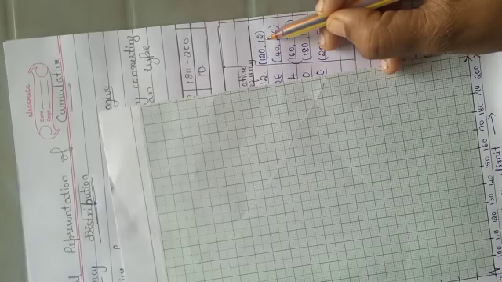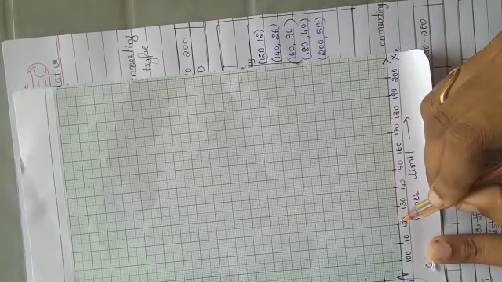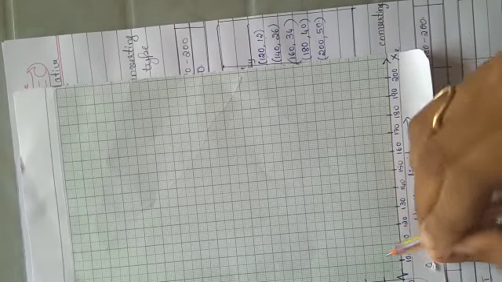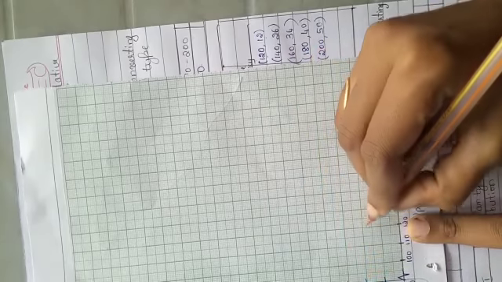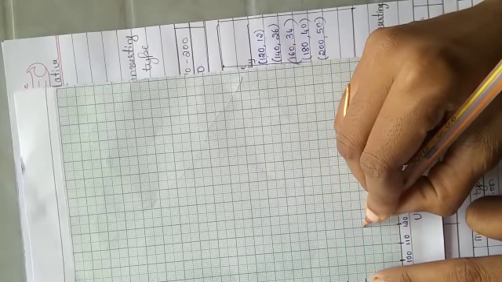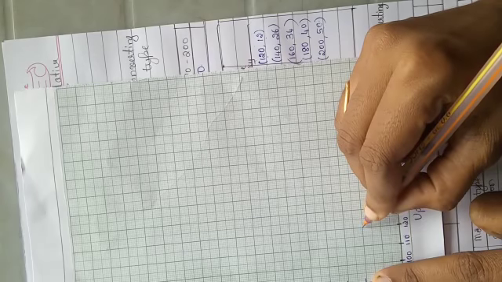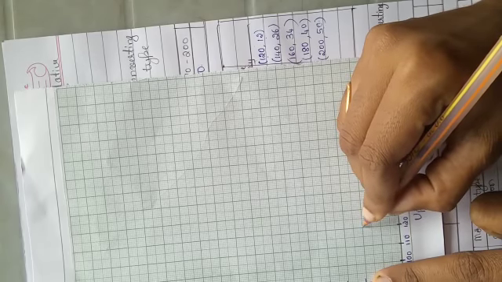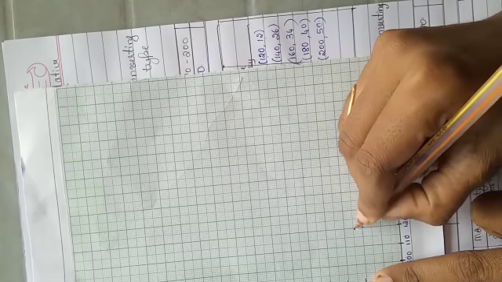Okay students. Now the first point: 120 on the x-axis and 12 on the y-axis. See, up to 10 here and each 1 centimeter measures 0.5, so 10, 1, 2, 3, 4 gives 12.